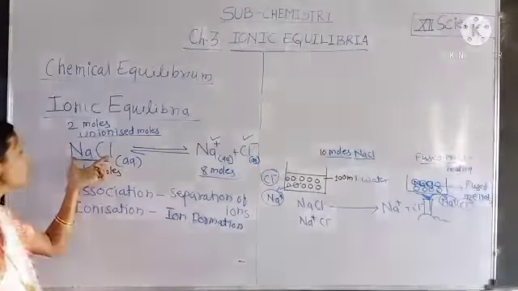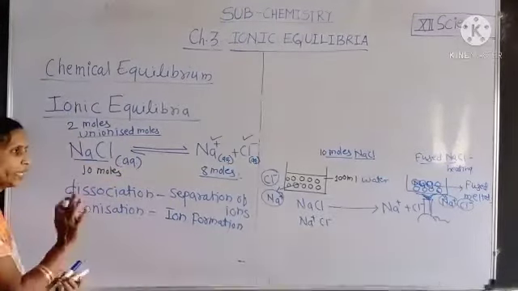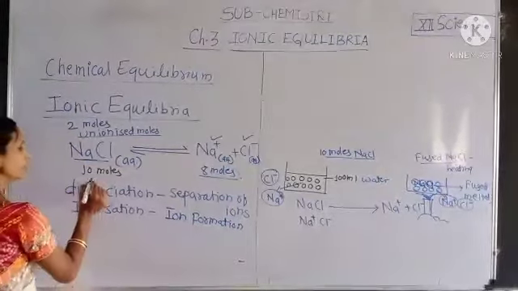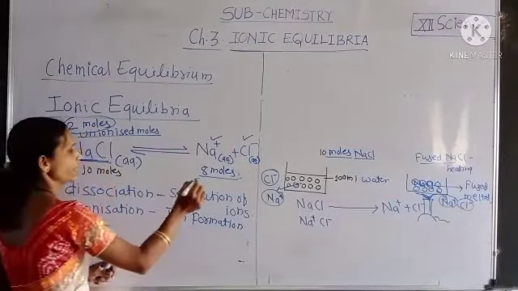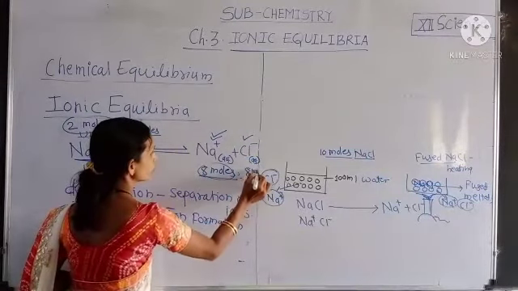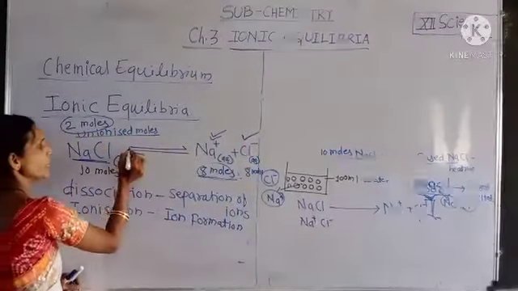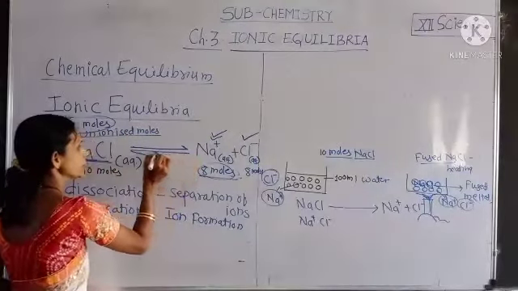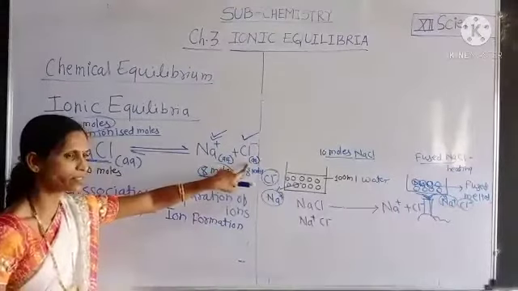So when equilibrium is attained, there are 2 moles of NaCl, 8 moles of Na plus and 8 moles of Cl minus ions.